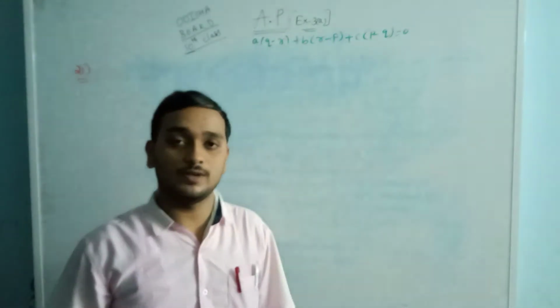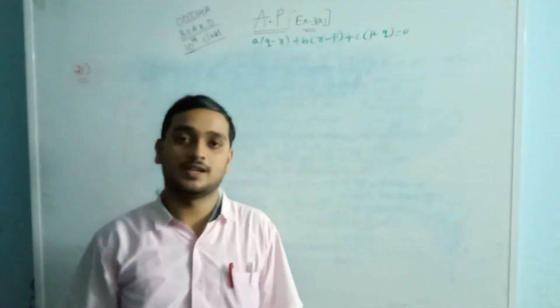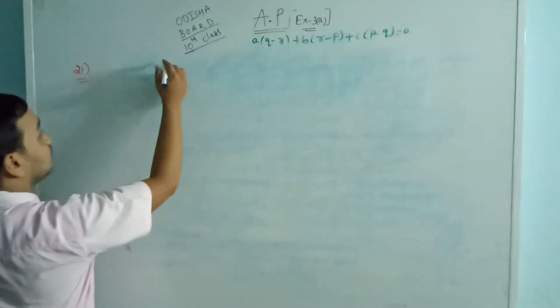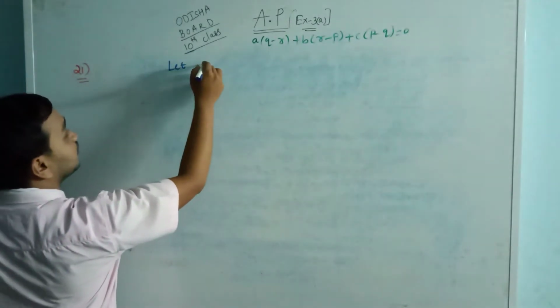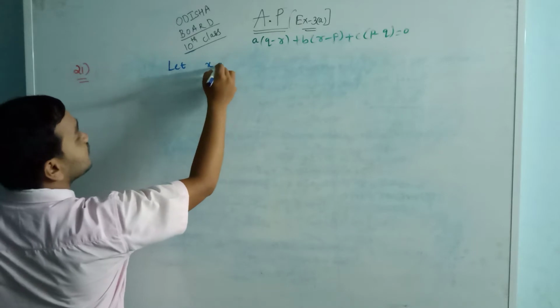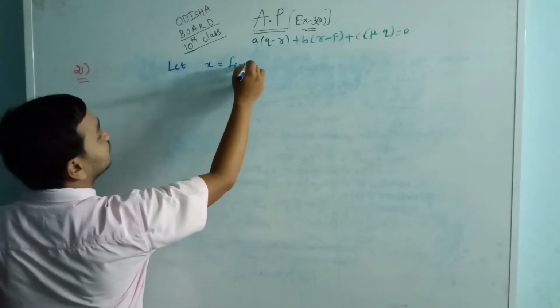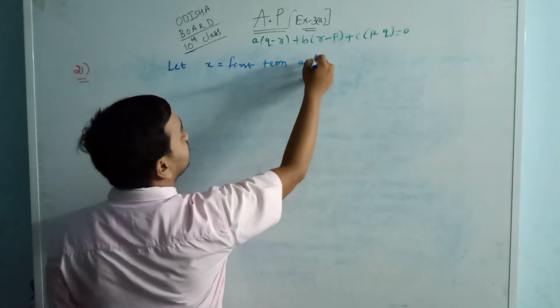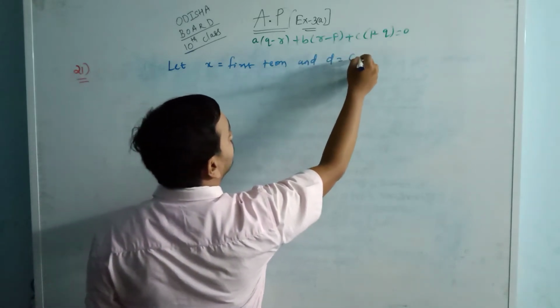If Tn is equal to a plus (n minus 1)d, a is the first term. So we will take x as the first term and d as the common difference.